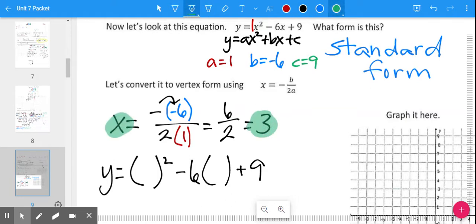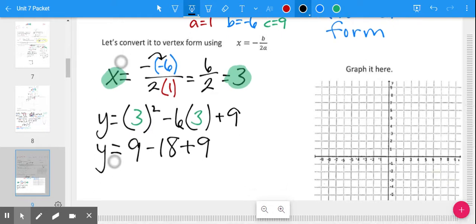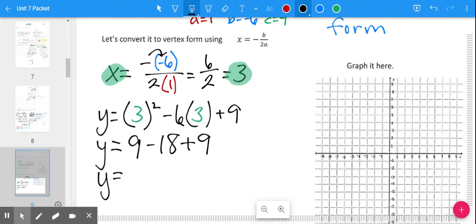So everywhere there is an x, we put a 3. And at this point, you can either plug it into a calculator or solve it step by step. 3 squared is 9. Negative 6 times 3 is negative 18, plus 9. So the y value equals 0.